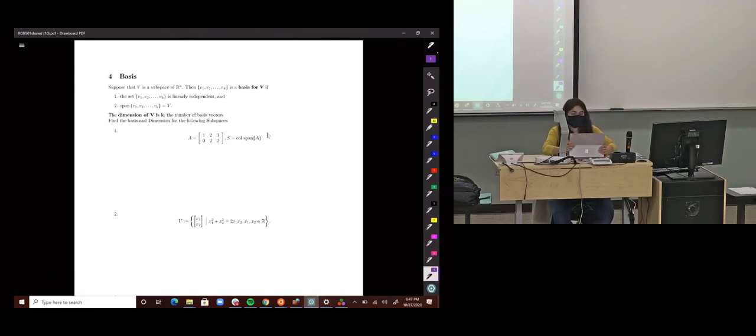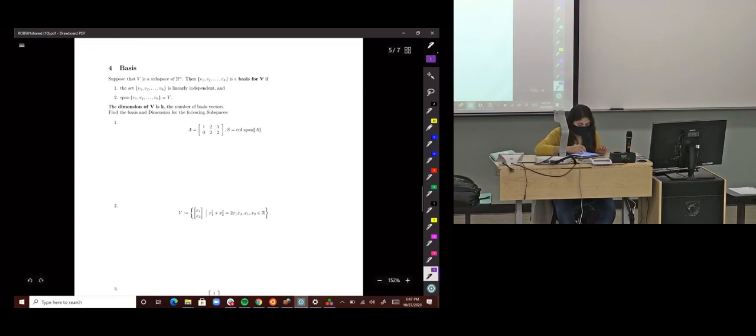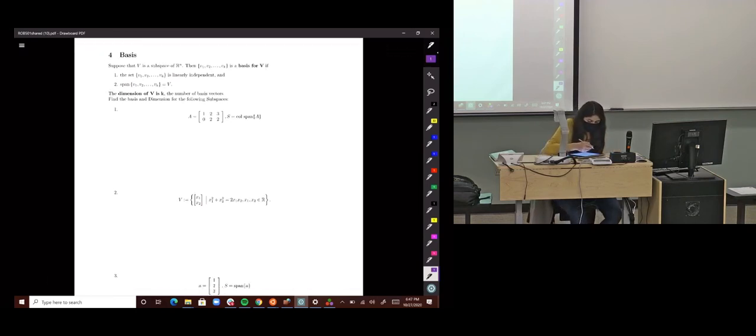So, we talked about subspaces, we talked about rank, we talked about nullity, talked about how to find the null spaces. The next thing is, if we have a subspace and we know how to find if a subset is a subspace, then how do we find a basis for that subspace?